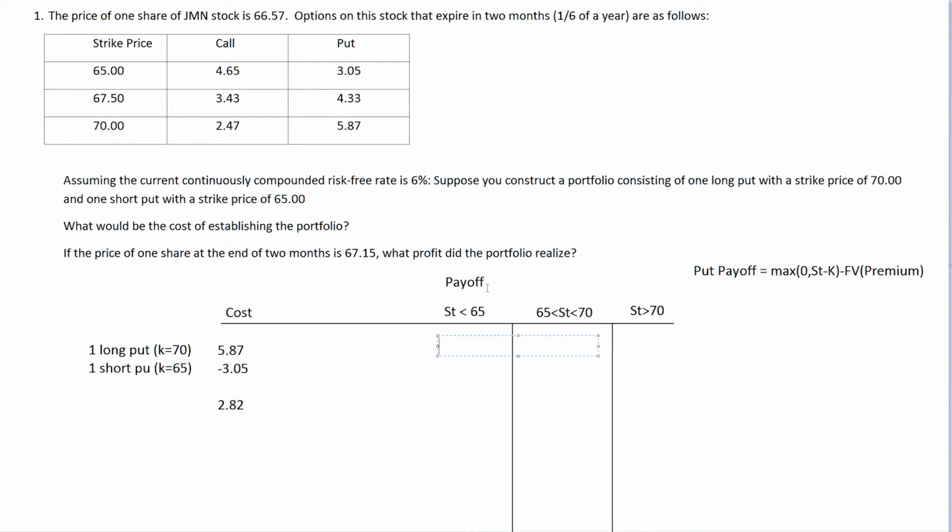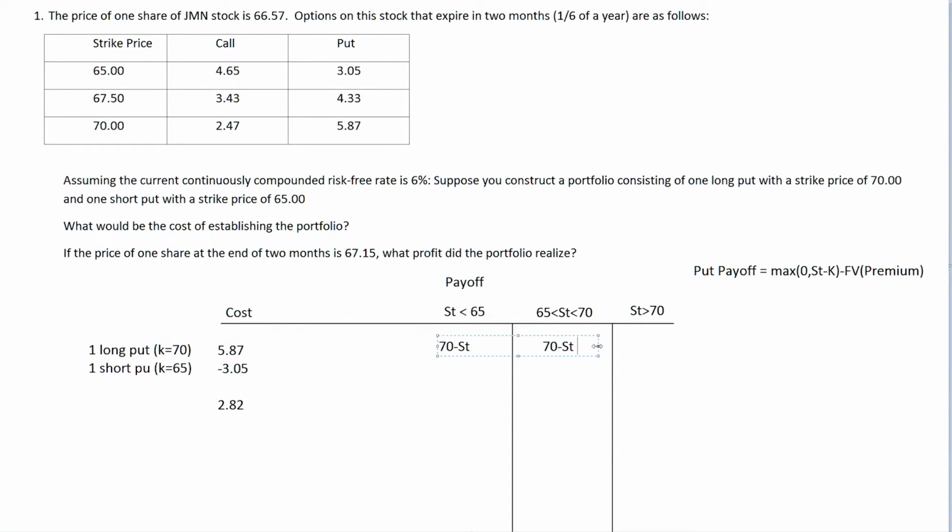then our payoff would be 70, the strike price, minus S_T. And then if it's between 65 and 70, again it's 70 minus S_T.